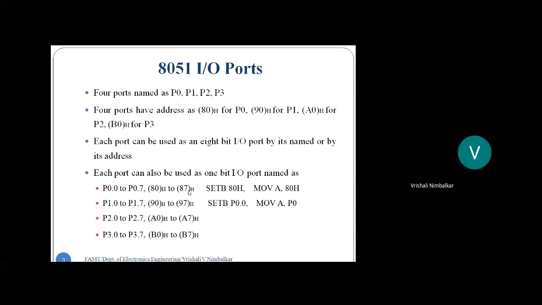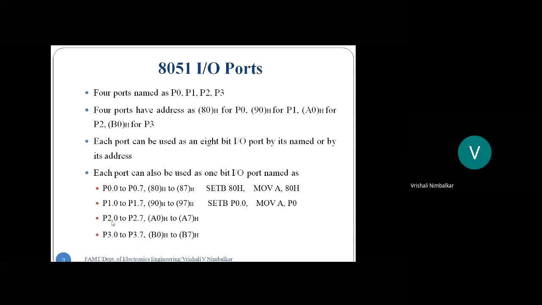So the ports are 8-bit data operated, or you can also use them as 1-bit data operation, with bit addresses 80, 81 up to 87. Similarly, P1.0, P1.1 up to P1.7 are 1 bit, and their corresponding addresses are 90, 91, 92 up to 97 hex.